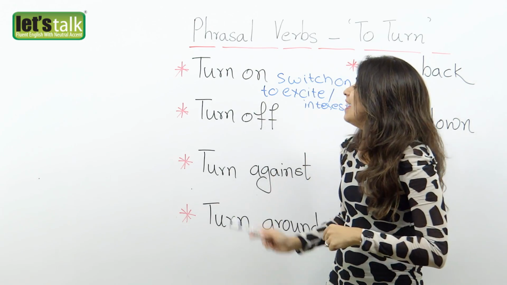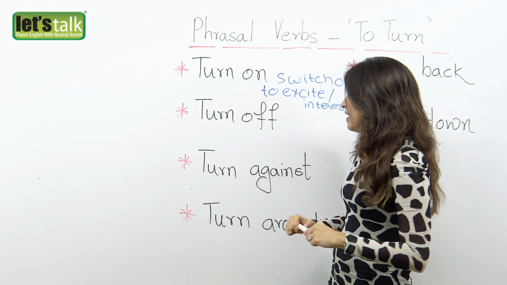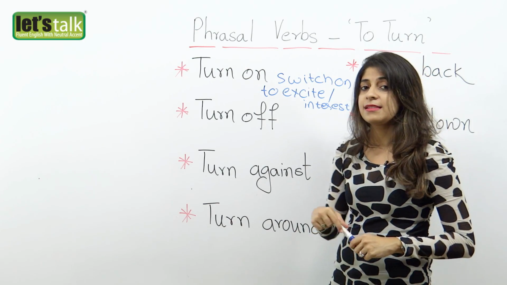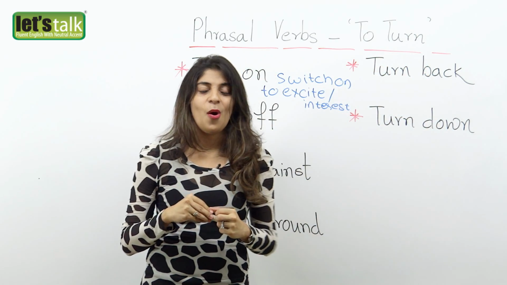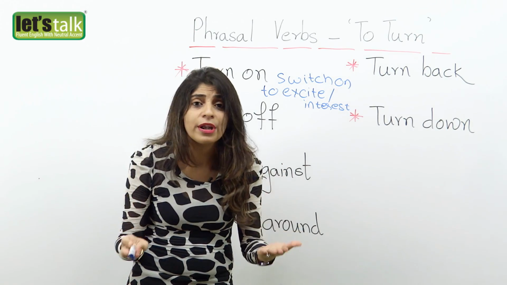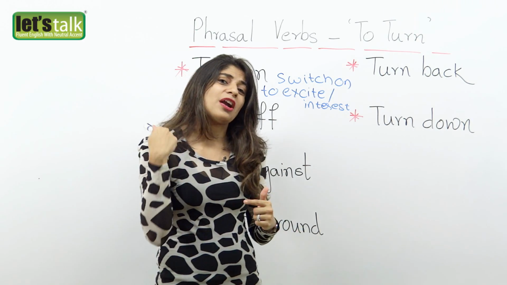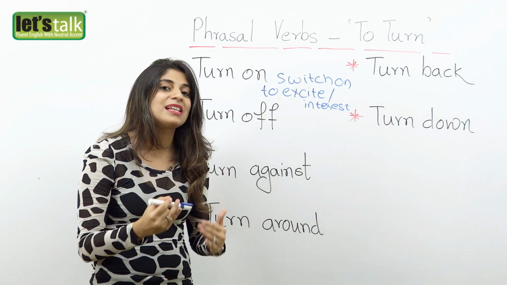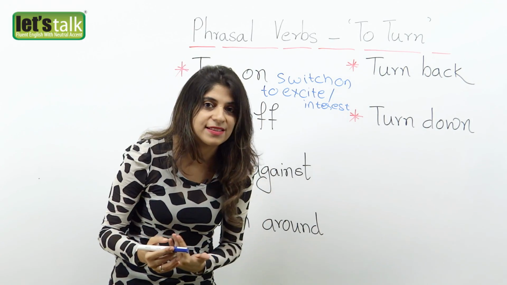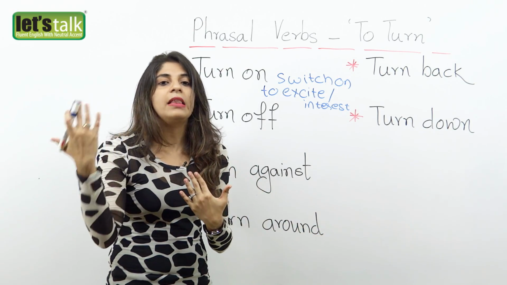All right? The other one that I have for you is to turn against. Now, when you stop liking something or supporting something and you start opposing that person or that thing, this means that you have turned against that person or that thing.